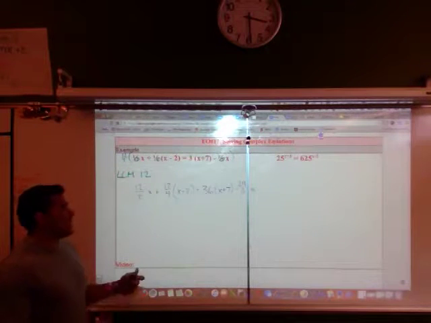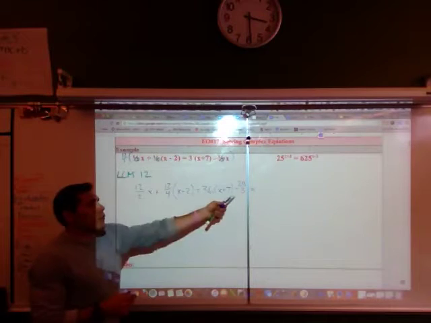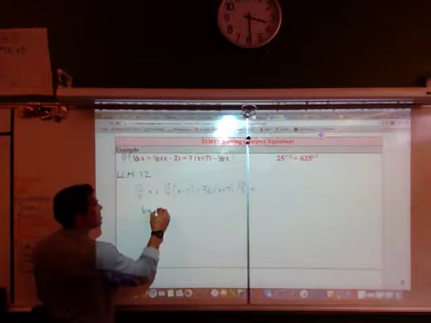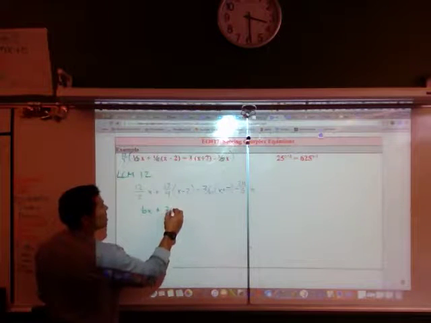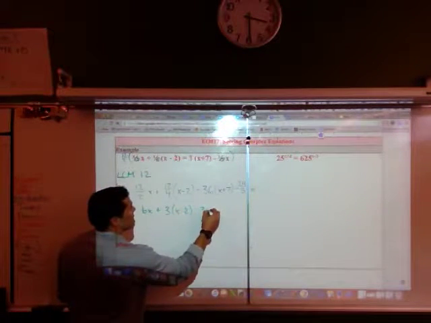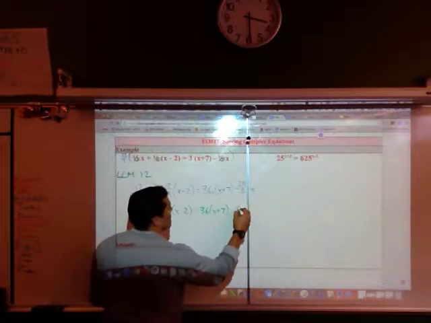Okay, so that's what I'm rewriting it, and it's a fraction buster because now there's no longer going to be fractions. Because this turns into being 6x, that turns into being 3, 36, and that'll be a minus 8x.